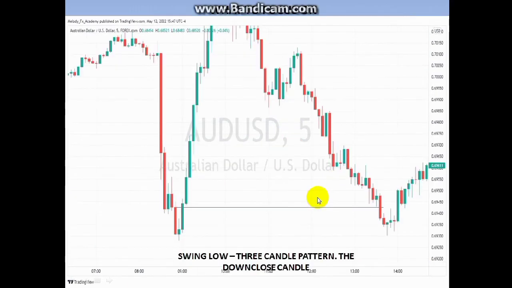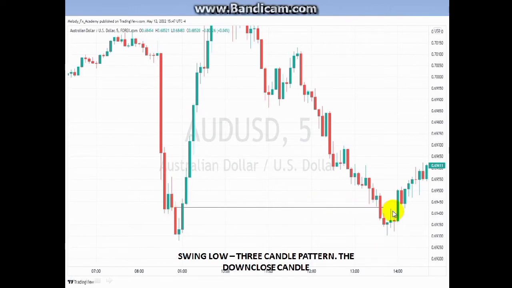Now for our swing low, your attention will be on the down close candle, so this will be your bullish order block. At the same time, you can see we have this imbalance and the last down candle before the up move. Before the 2022 mentorship came out, this would have been my order block. I would not have looked at these two candles, my attention would have been drawn to only this.